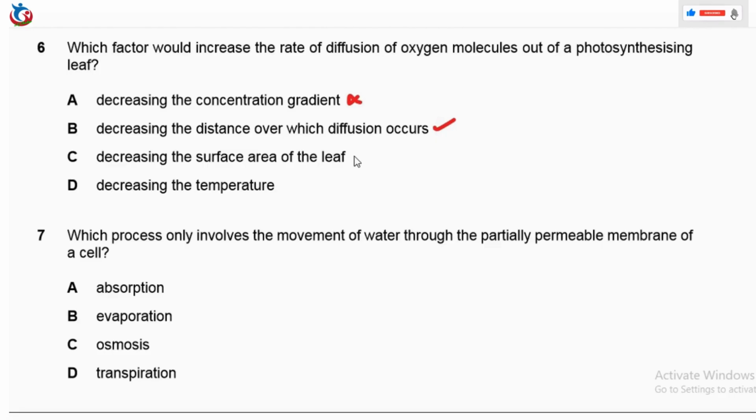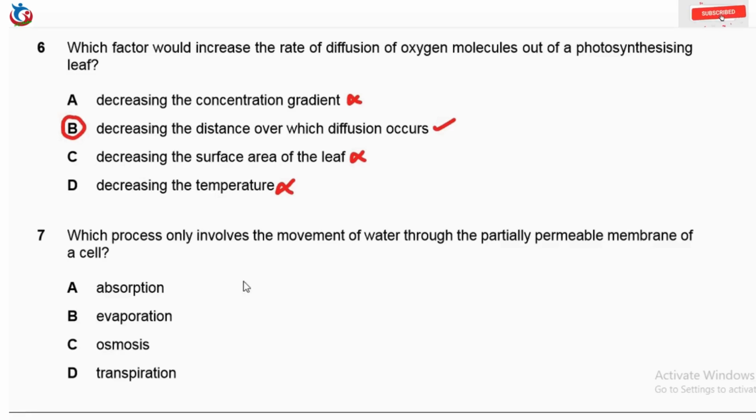Decreasing the surface area, no, it will not increase the rate of diffusion. The factors that increase the rate of diffusion, we have increasing concentration, then increasing the surface area, then increasing the temperature, as well as decreasing the distance. So this option B is a correct answer to question 6.